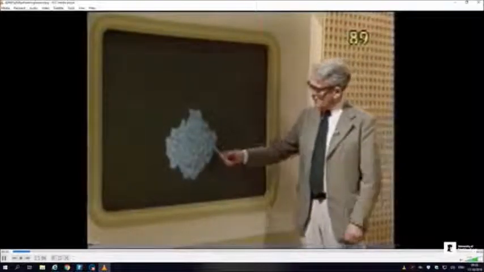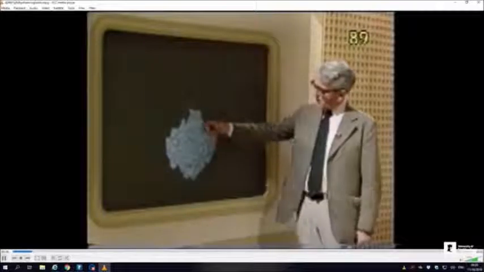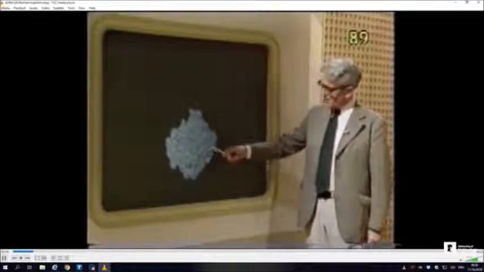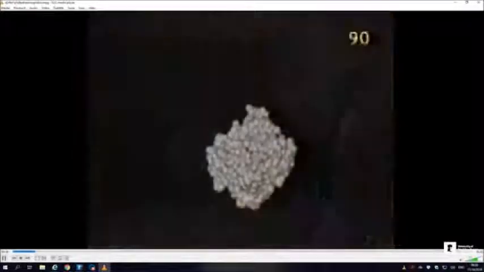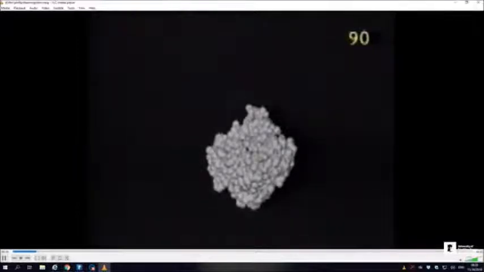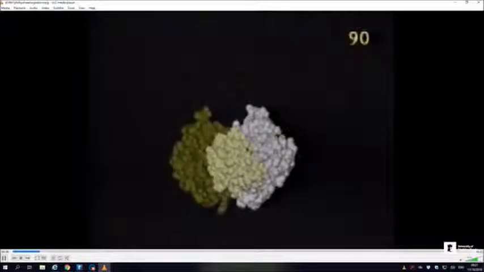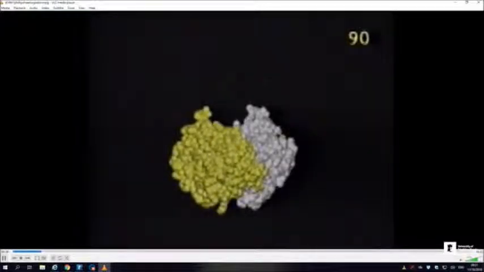This is a multimeric protein made up of subunits of two different kinds. Here we see one of the alpha subunits in a space-filling form, which associates with one of the beta subunits, shown here in yellow, to form a quite strongly associated alpha-beta pair, related by an approximate twofold axis of symmetry.